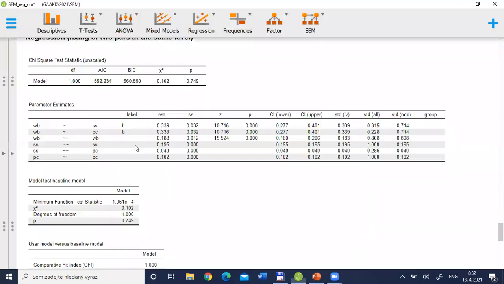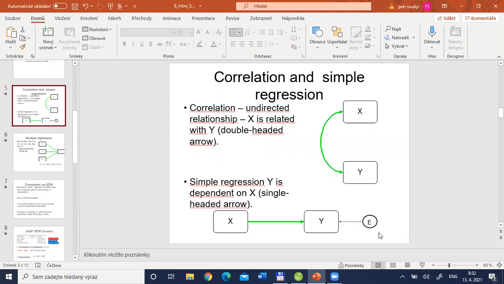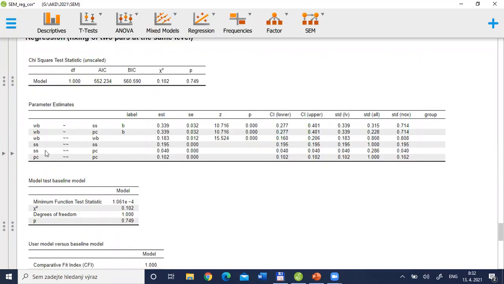And this description, well-being and well-being covariance, is nothing more than the description of the variance of this random error. If I go to the third row of this parameter estimates table, this is the variance of well-being, unstandardized and standardized.